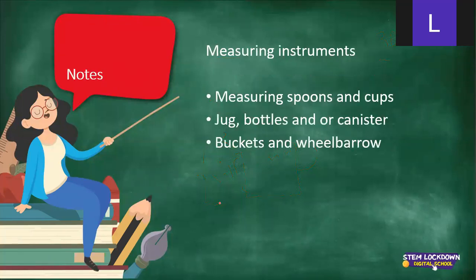Measuring instruments. We're basically looking at simple measuring instruments that you're familiar with, such as spoons and cups. Obviously, this applies mainly if you're working on a certain recipe, where you'll be using cups and spoons to measure your quantities.